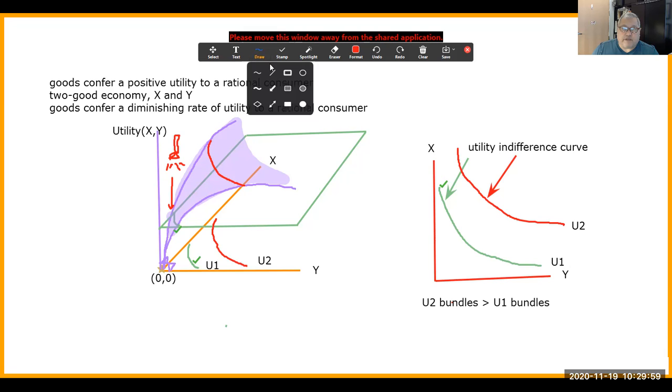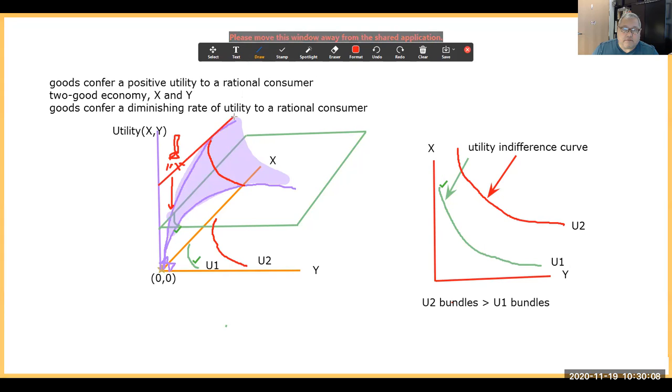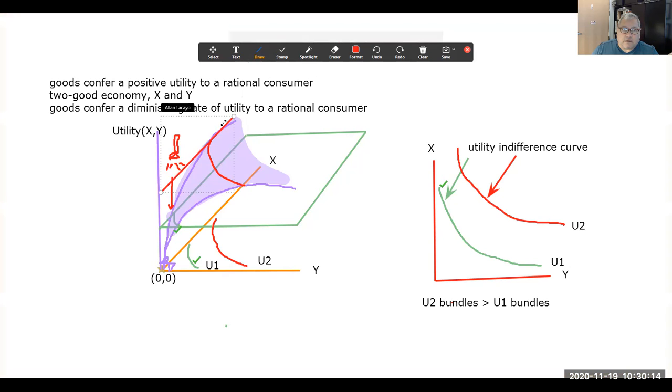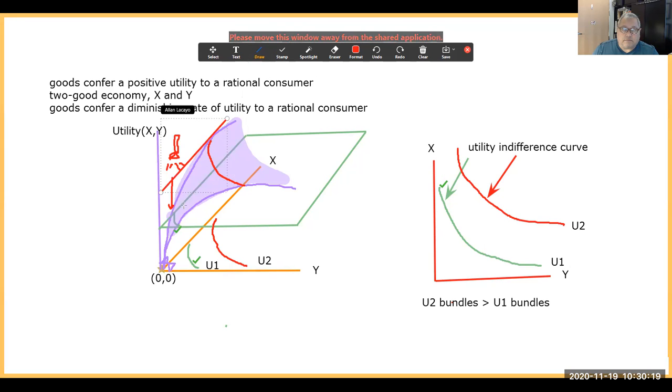And notice that that would have to be created by a much higher level of utility, a plane that cuts the utility function at a higher level.